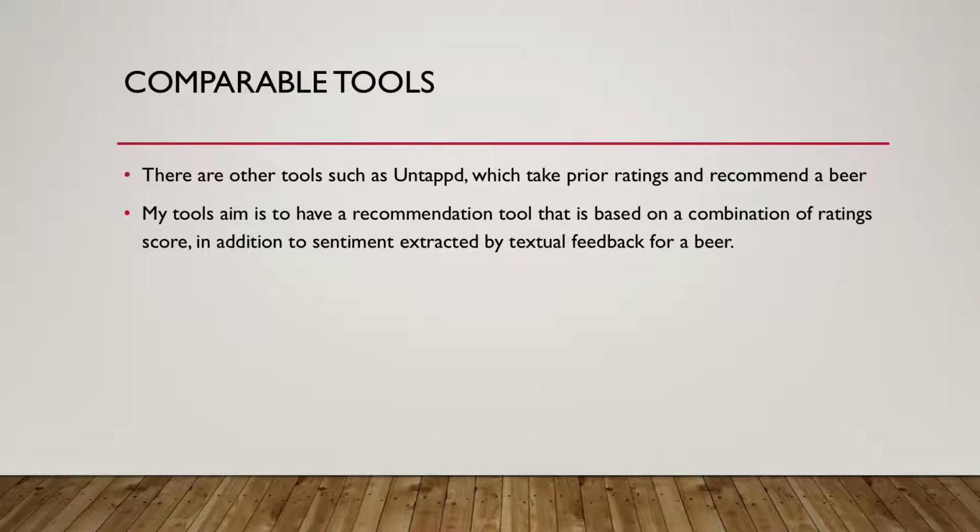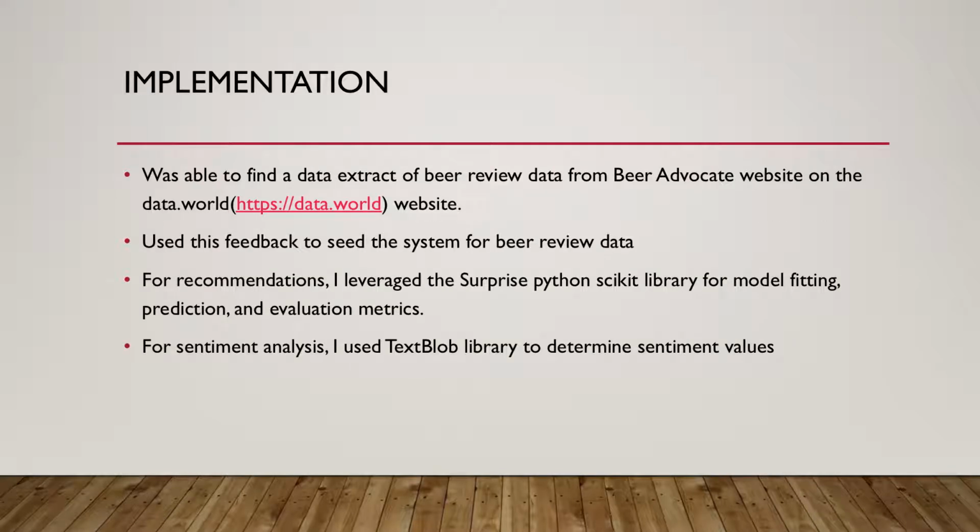How my application is differentiated from that is that this one will combine the same quantitative ratings and combine it with sentiment based on your actual textual feedback that you've given for a beer. So that's how it's different. Mine's more of a hybrid of quantitative ratings in addition to sentiment based on how you've written an actual textual review.